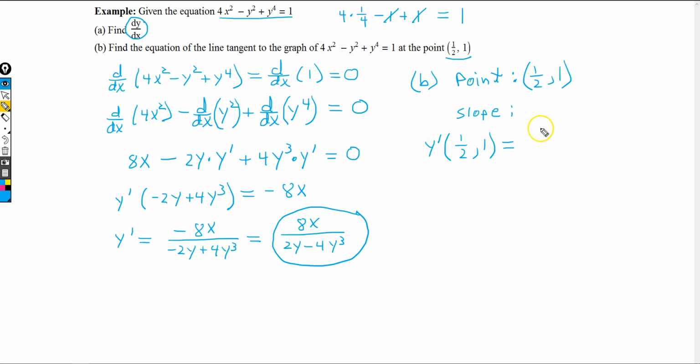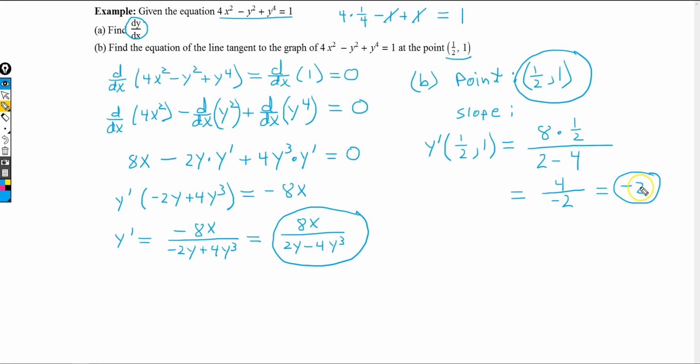So this is going to be 8 times 1/2 divided by 2 minus 4. And let's see, what does that simplify to? That comes out to be 4 over -2, and that is -2. So there is our slope, and this is our point.